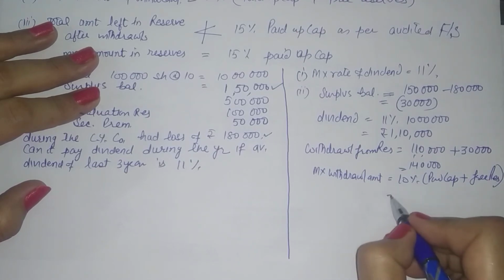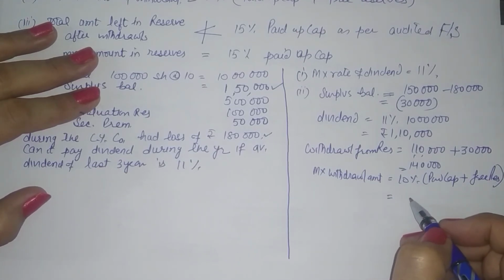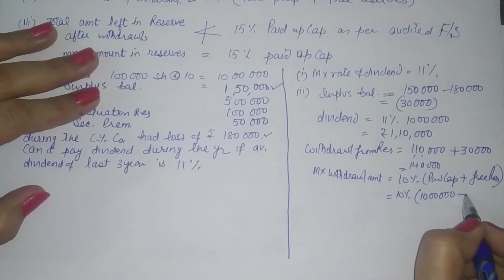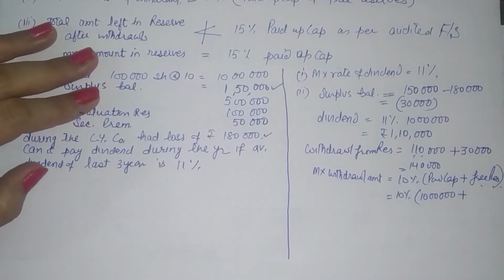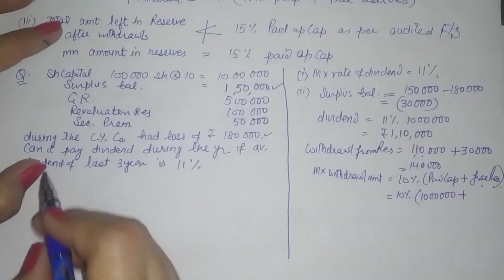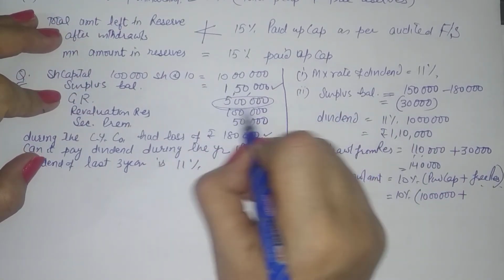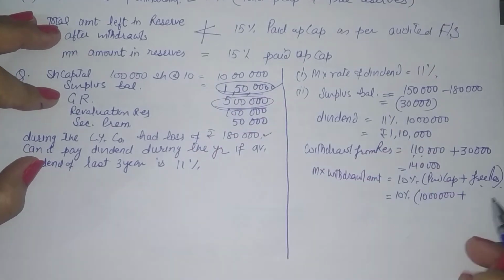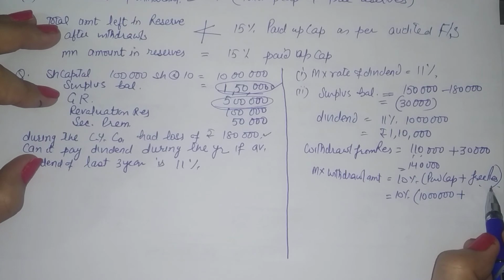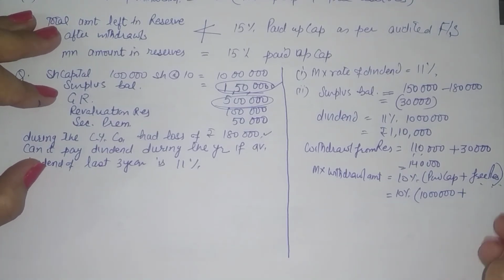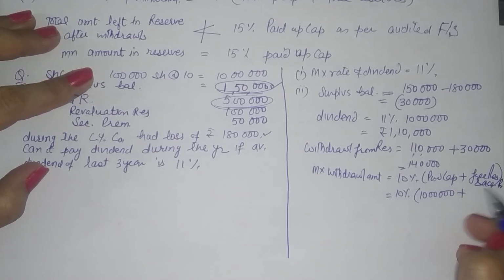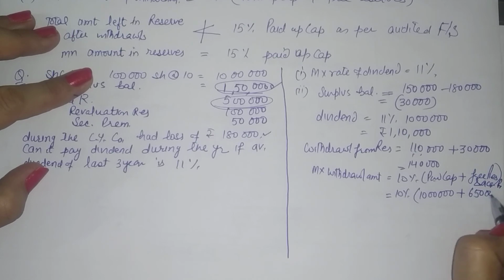Now 10% of paid up capital, your capital is 10 lakh, and your reserves as per the audited statements, at that time you have general reserve as well as a balance, which is also accumulated profit. So when we say reserves here, it not only means reserve, it also implies your accumulated profit. So paid up capital plus free reserves and accumulated profits, which is now 16,50,000.